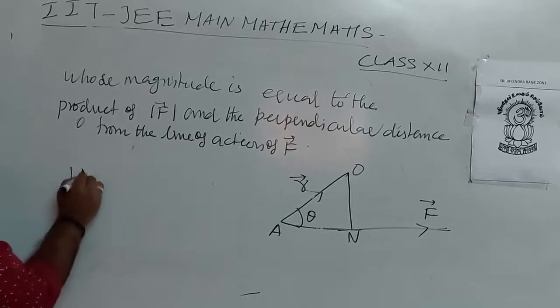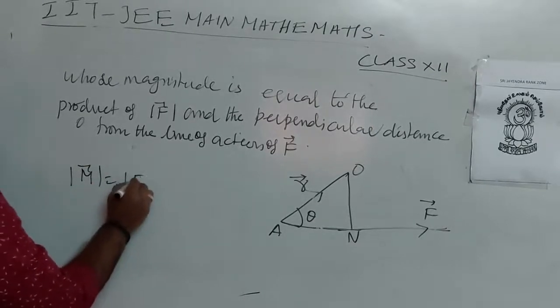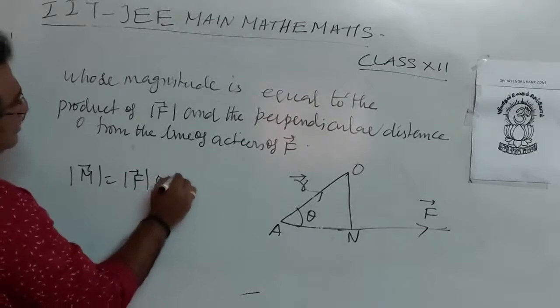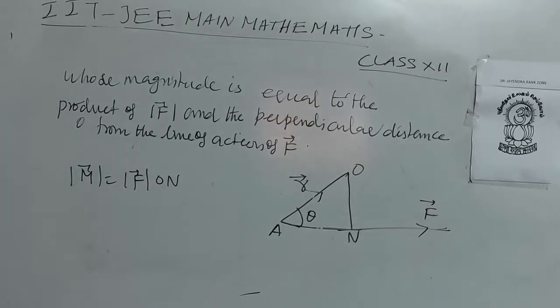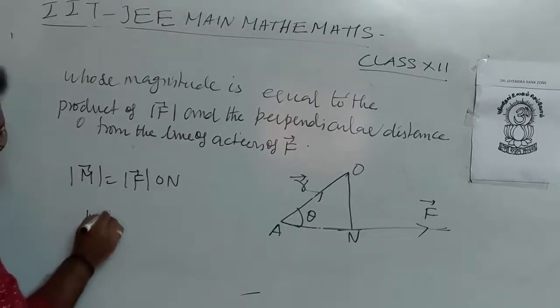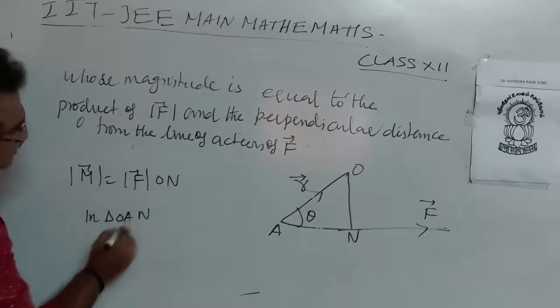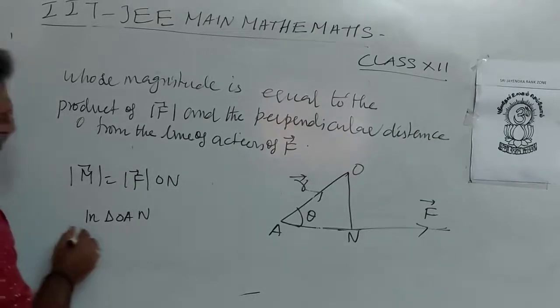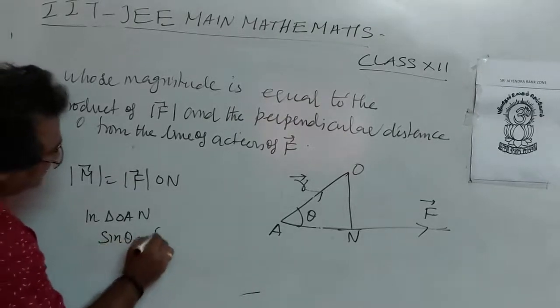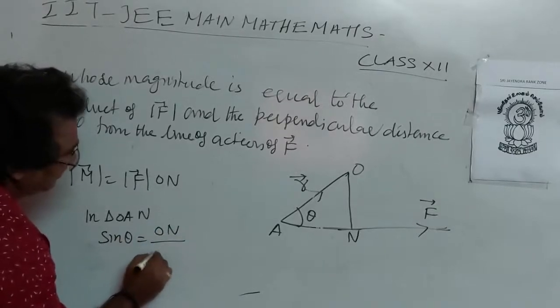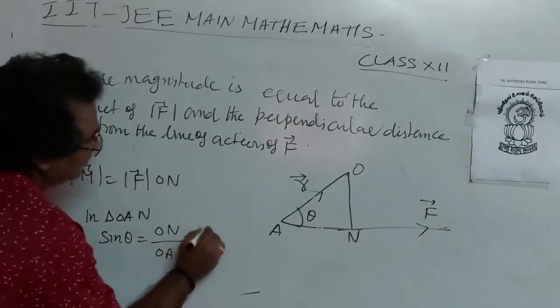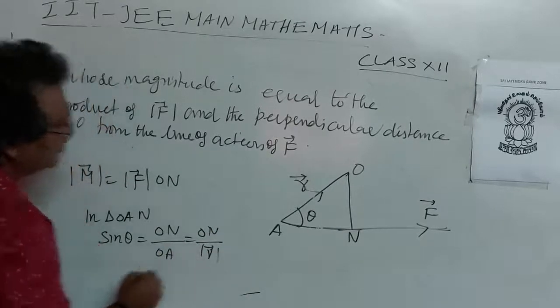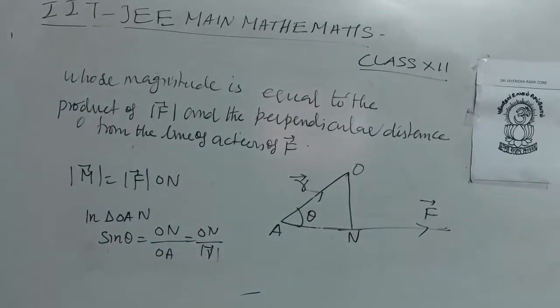That is, magnitude modulus M vector equal to modulus F into ON. In triangle OAN, sin theta equal to ON by OA, ON by modulus R vector.